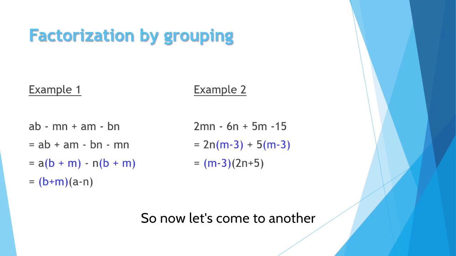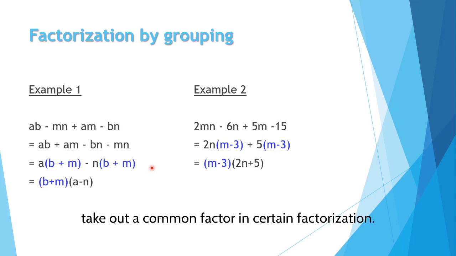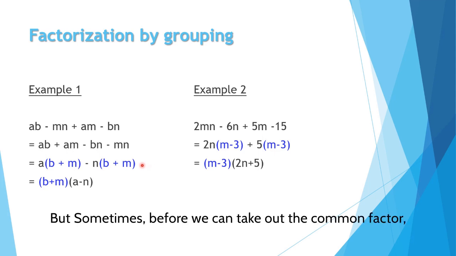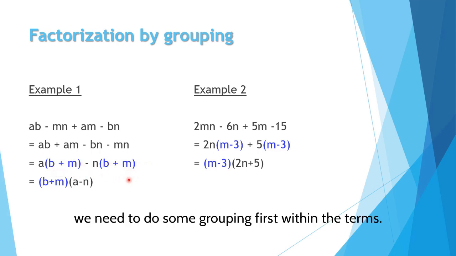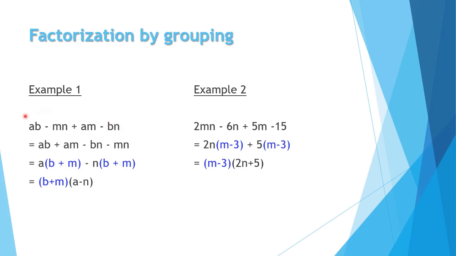So now let's come to another method called factorization by grouping. As we have already learned, we need to take out a common factor in certain factorizations. But sometimes before we can take out the common factor, we need to do some grouping first within the terms.